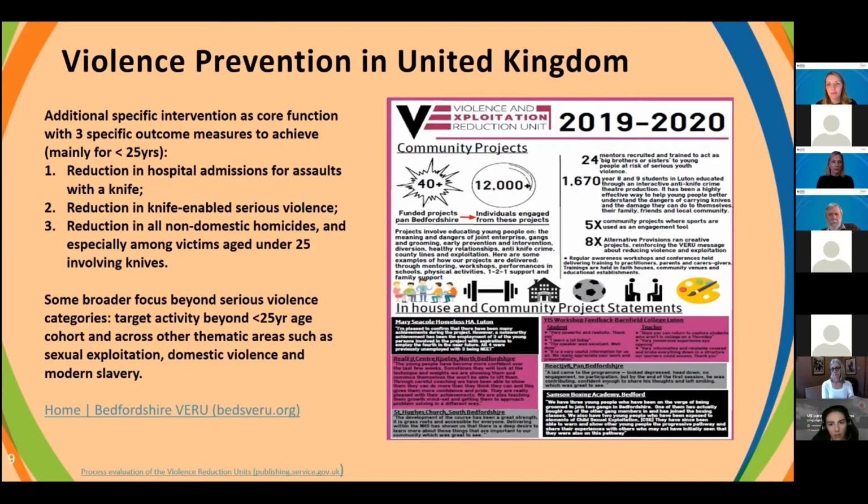Some are violence prevention units, some are violence reduction units, and Bedfordshire have gone with a violence and exploitation reduction unit and have widened their remit to understand that serious violence, particularly youth violence, can be much broader in terms of exploitation. And I could go into another whole presentation around some of the nuances between exploitation and violence within this. I'll save that for another presentation on another day.